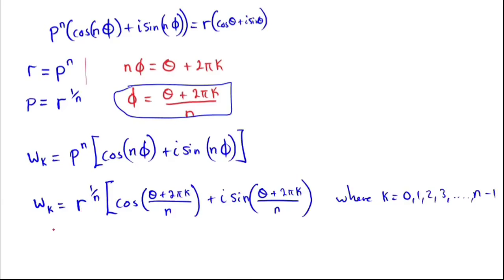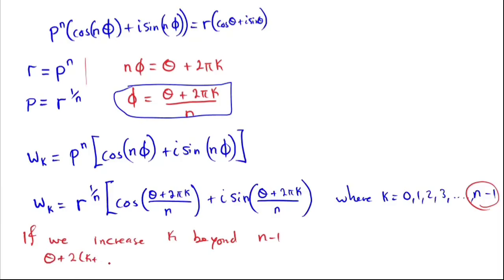The angle expression will be theta plus 2k pi over n, where k becomes k plus n.